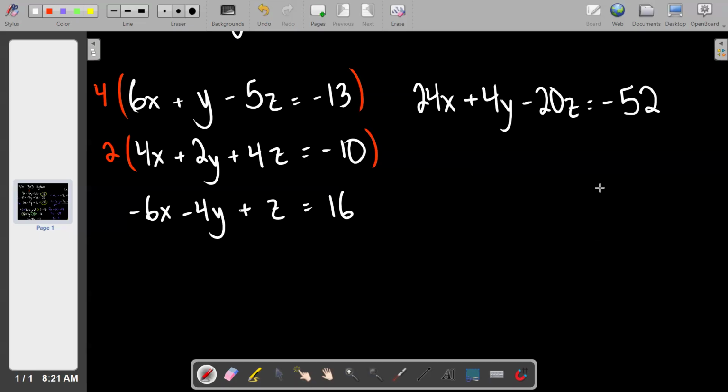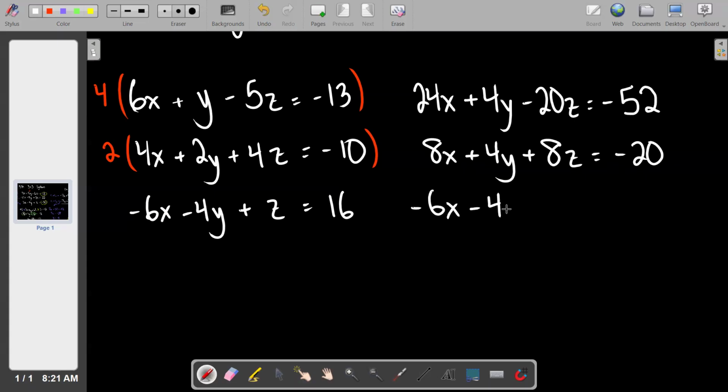All right, let's hit the middle row. What's it going to now be? Equals negative 20. And then the third row, I'm just going to copycat. So that's negative 6x minus 4y plus z equals 16.